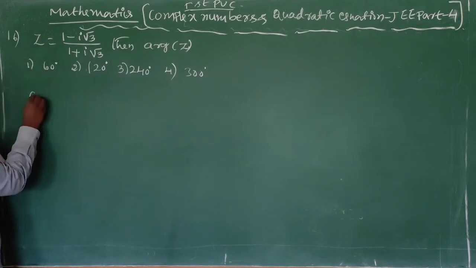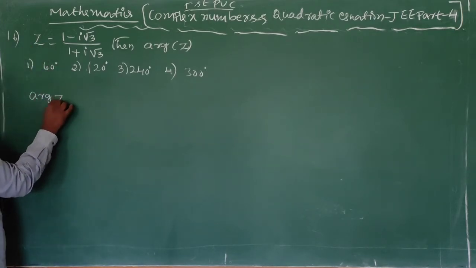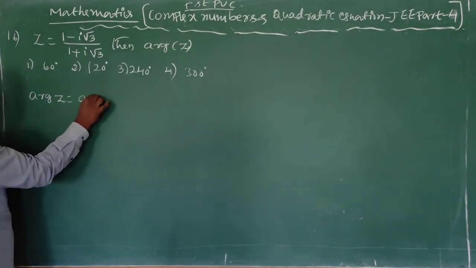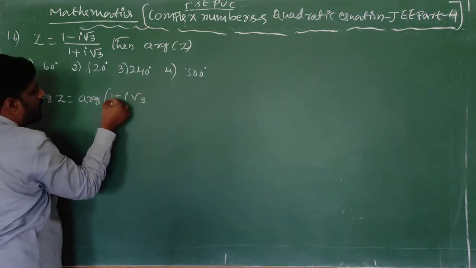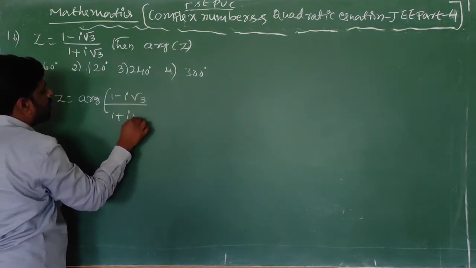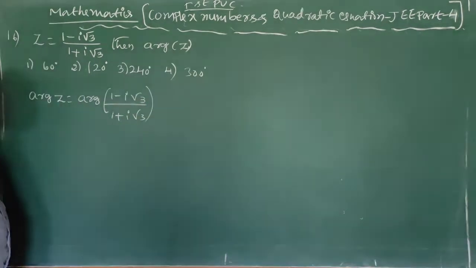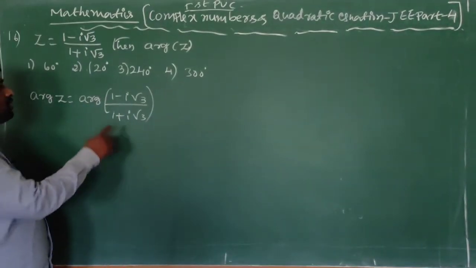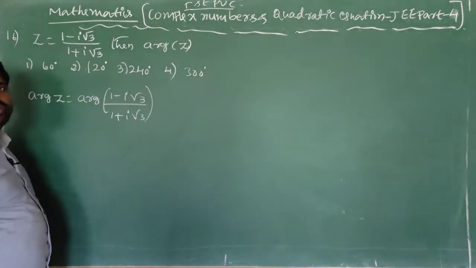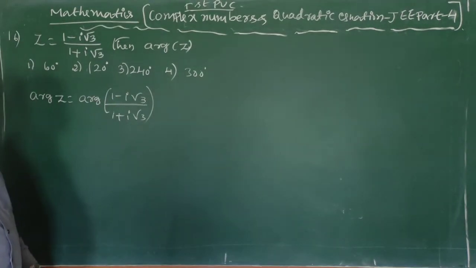Here, argument of Z is equal to argument of (1 minus i root 3) divided by (1 plus i root 3). Now it is of the form x minus iy, so positive and negative, it is present in the fourth quadrant.